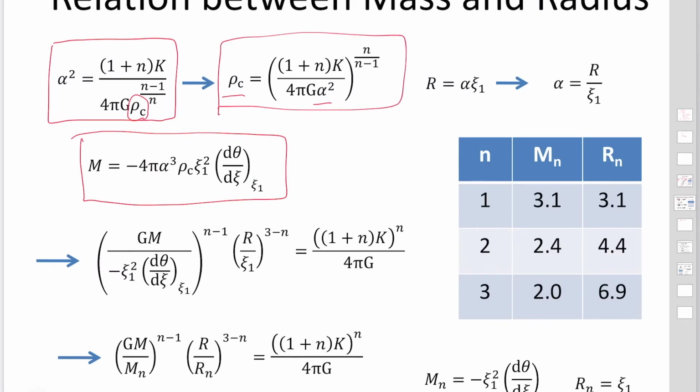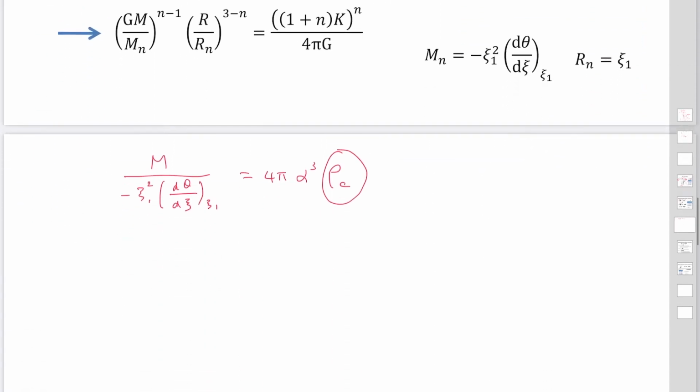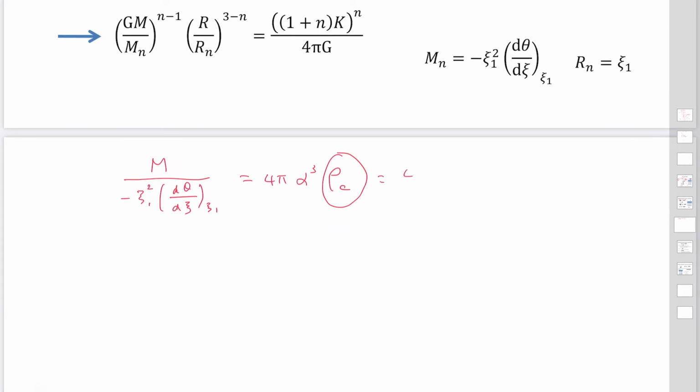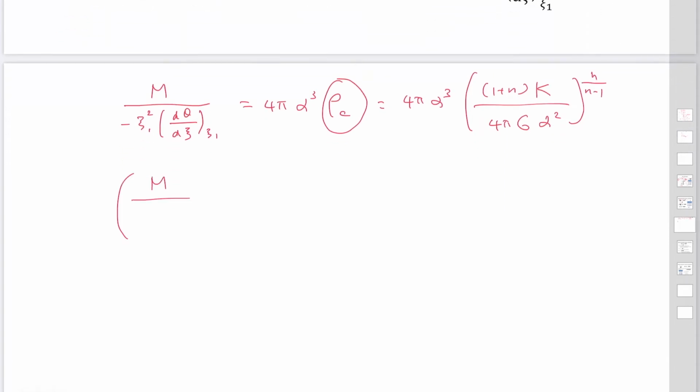We can substitute these equations here, so it becomes 4 pi alpha cubed (1 plus nk over 4 pi G) alpha squared n over n minus 1. Then from these equations, M over minus g sub 1 squared d theta d g sub 1 n minus 1 equals 4 pi n minus 1.